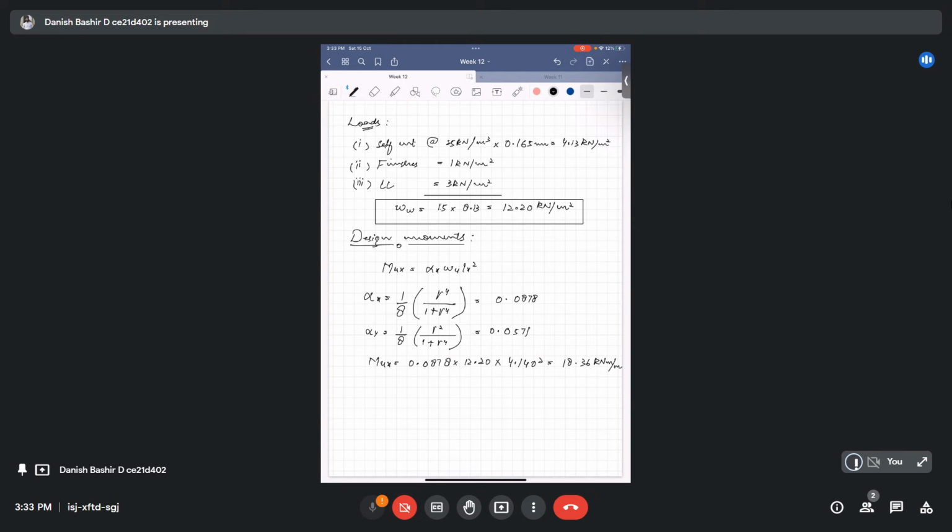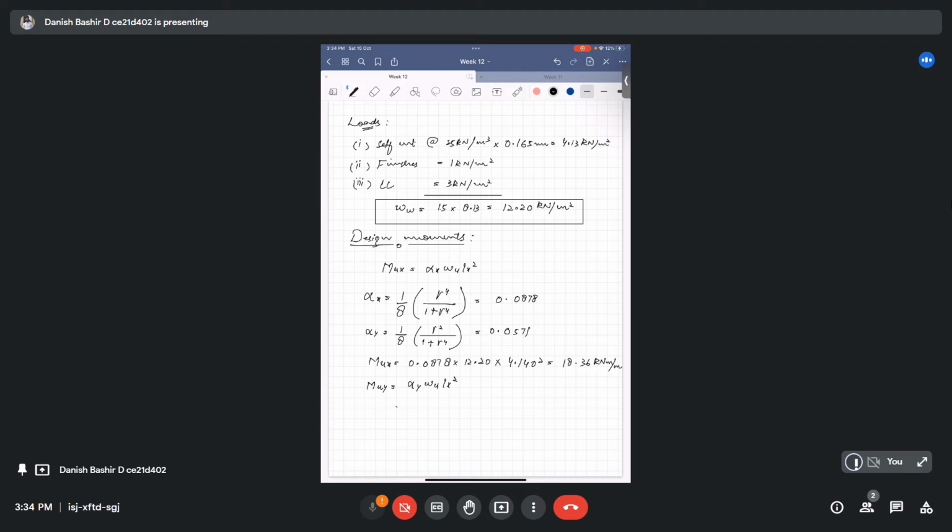Since we were given the loading in terms of kilonewton per meter square, when we calculate the moment, we will get the moment per meter. Design moment per unit width, MUY, will be similarly αy wu lx square.